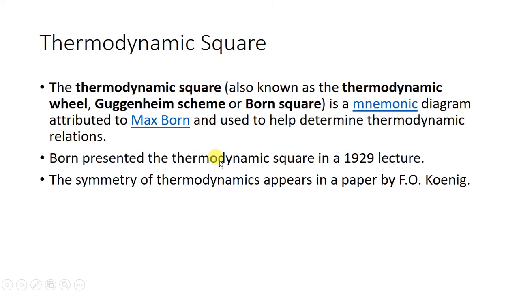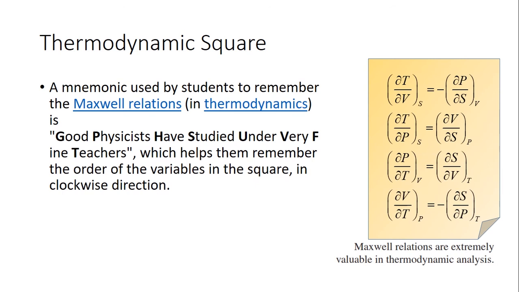It is a mnemonic to remember Maxwell relations. So these are the 4 Maxwell relations. To remember them, there is a mnemonic which we'll see: good physicists have studied under very fine teachers. Okay, so we'll see how to use this now.